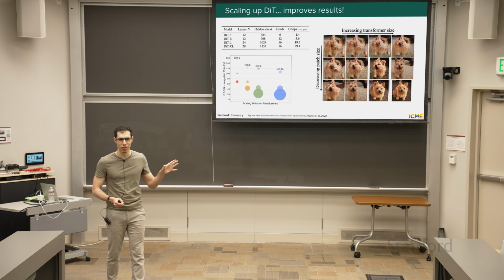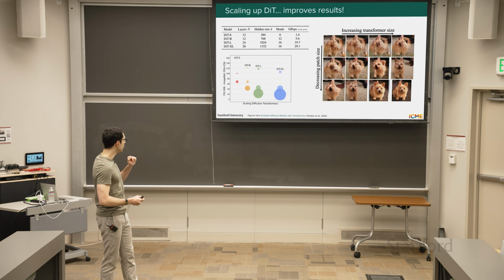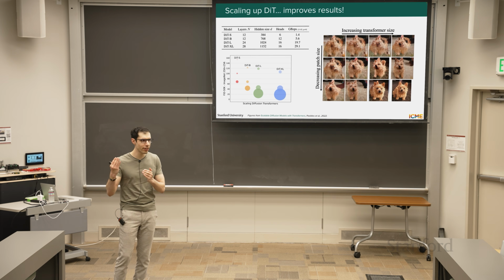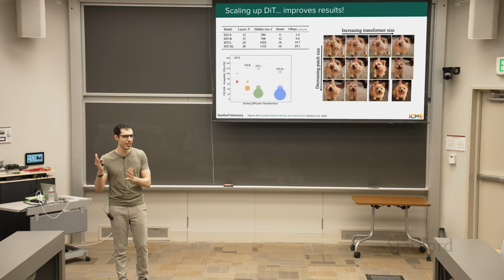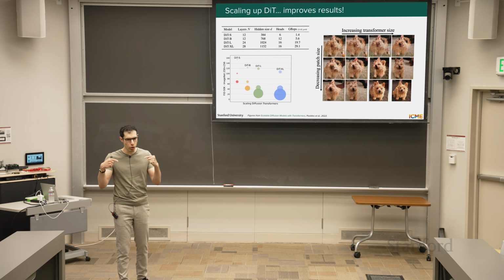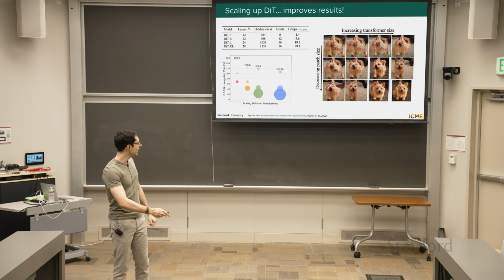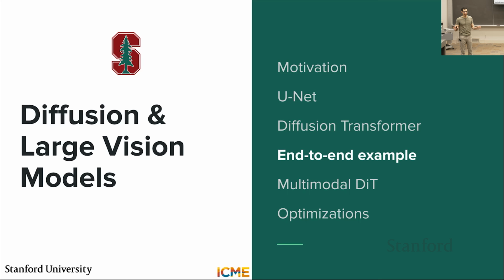That's what you see in the figure on the right, and also the chart that tells you this as a function of FID, which, as I mentioned, is a metric we will see in 2 lectures, where the lower the value, the better it is. And that was the DiT.